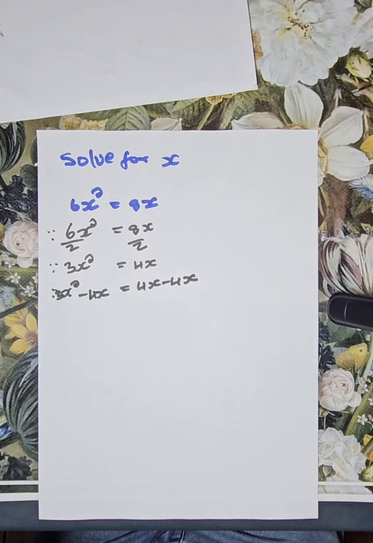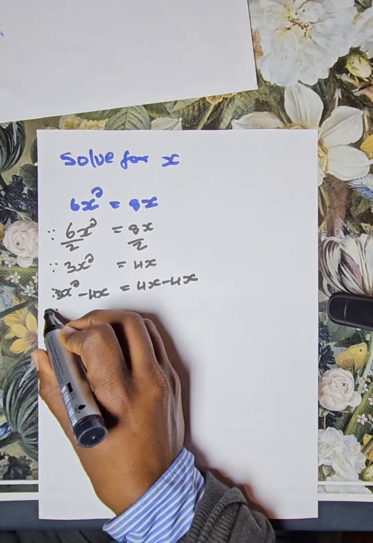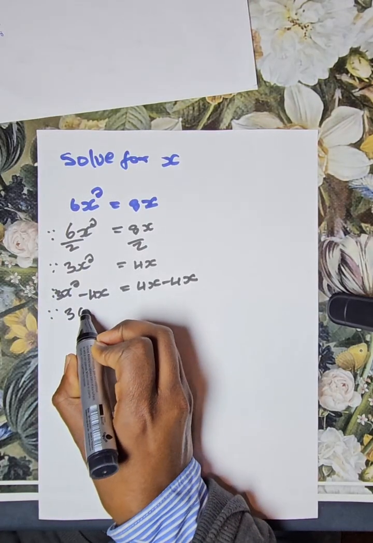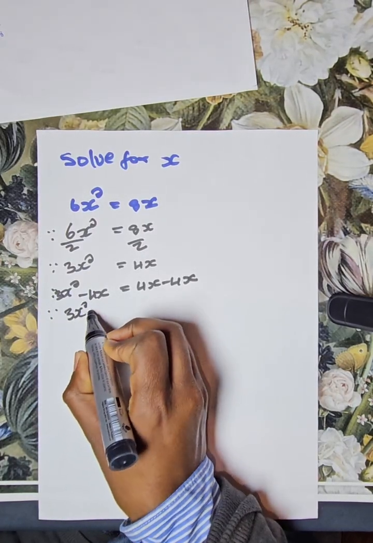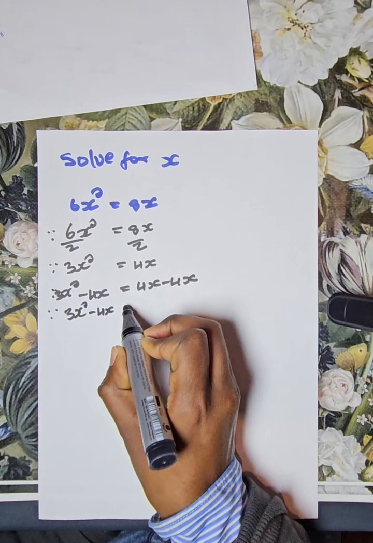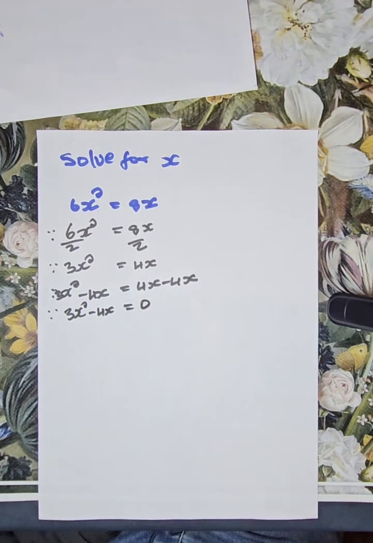We subtract 4x, and we do it to the other side too. That's the golden rule of the equation. This leaves us with 3x squared minus 4x equals 0. Now we have our equation rewritten in standard form.